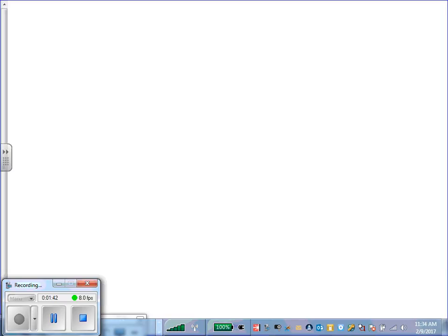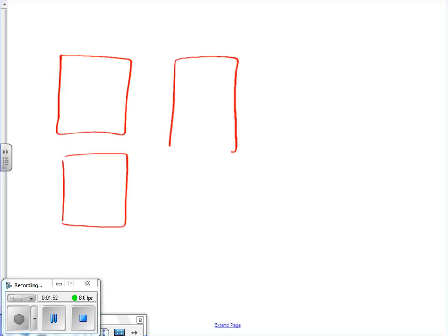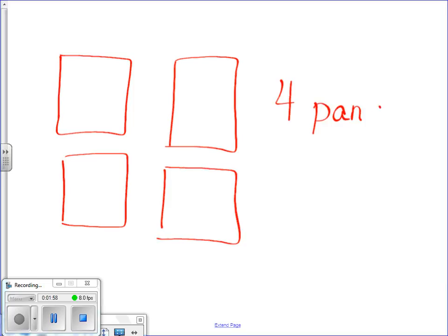Miss Mason brings some brownies to school, and she made 4 pans. She had 4 pans of brownies. Okay, so she brought 4 pans. All right, you can draw this if you want to.